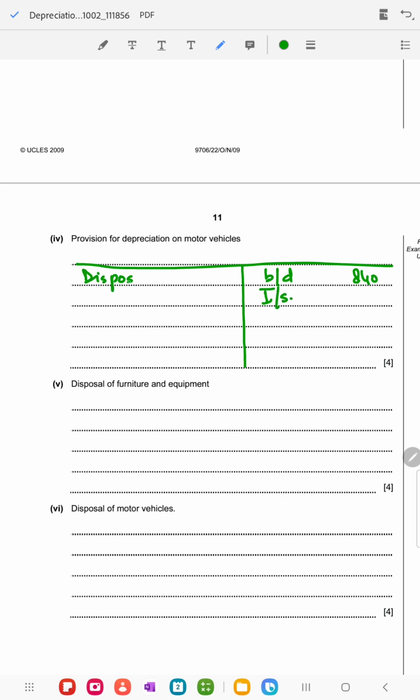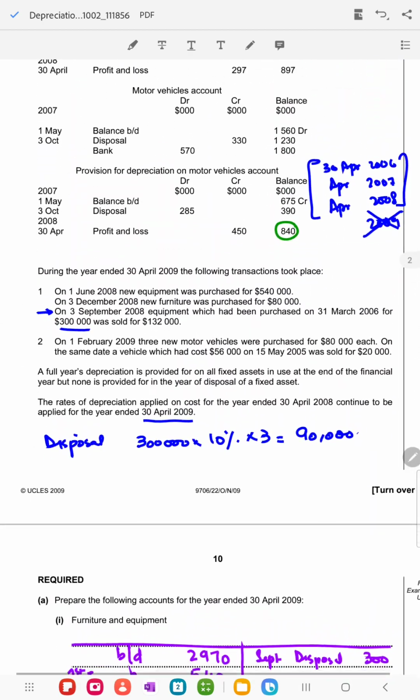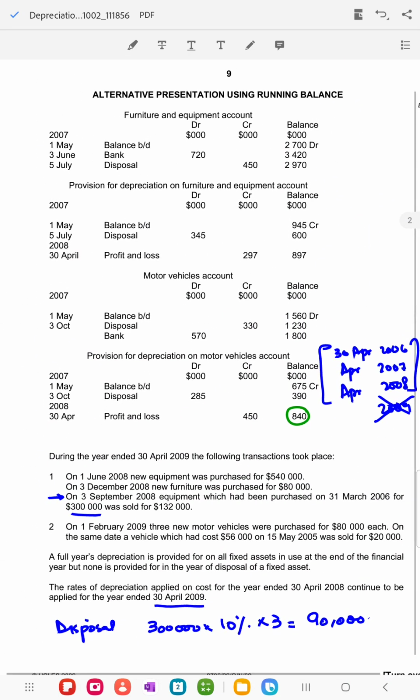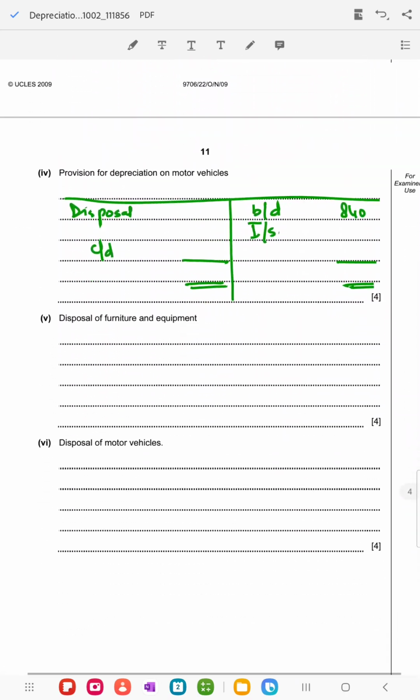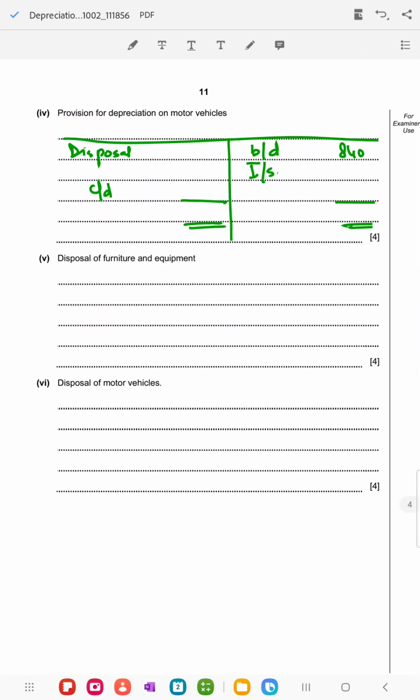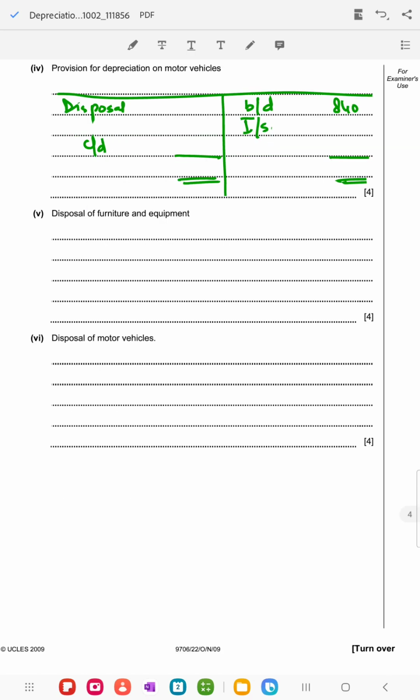There has to be a disposal value and there has to be a carried down value. So let's find out the depreciation. You can just reverse the video a little bit and identify how I calculated it. It was 1984 and 25%, that was 496.